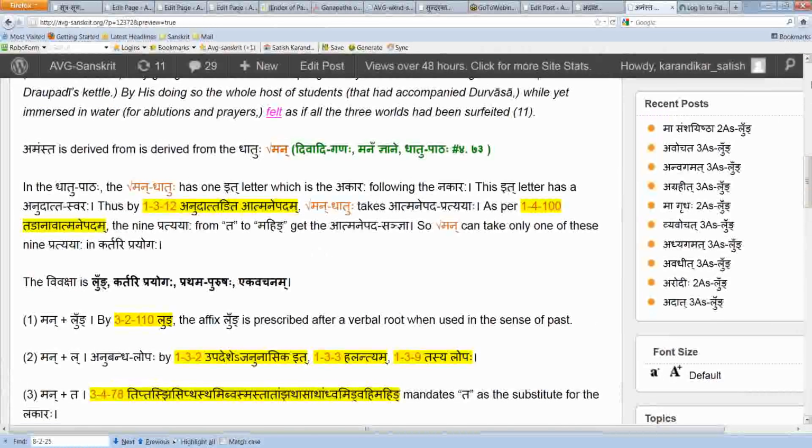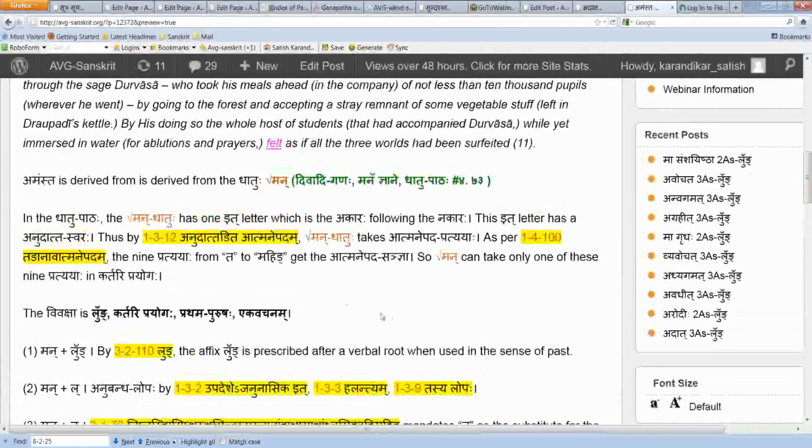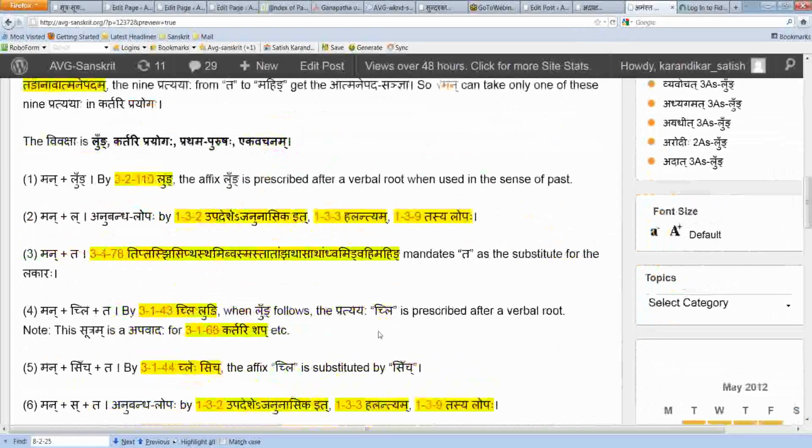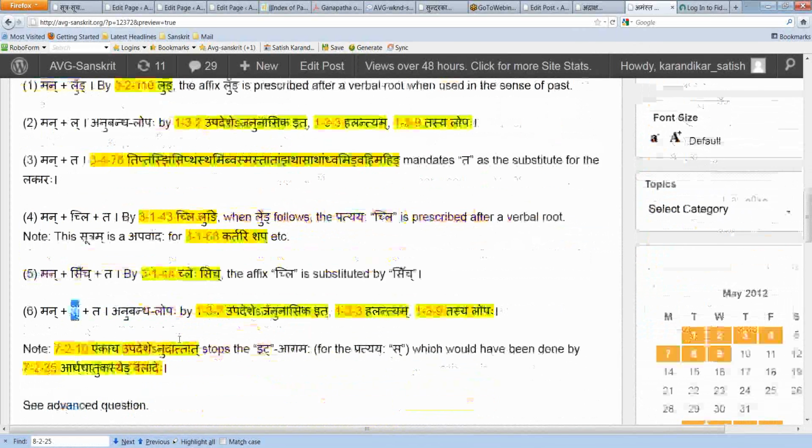Let's take the man dhatu, which is anudatta itta. Anudatta jita takes atmanepadam. Of course, it is a famous dhatu like manyate. When we take the prathama purusha ekavachanam, we go through the usual steps: add lung, anubandha lopaha, la, the pratyaya ta, chli lungi, chle sich, anubandha lopaha, sakaraha.